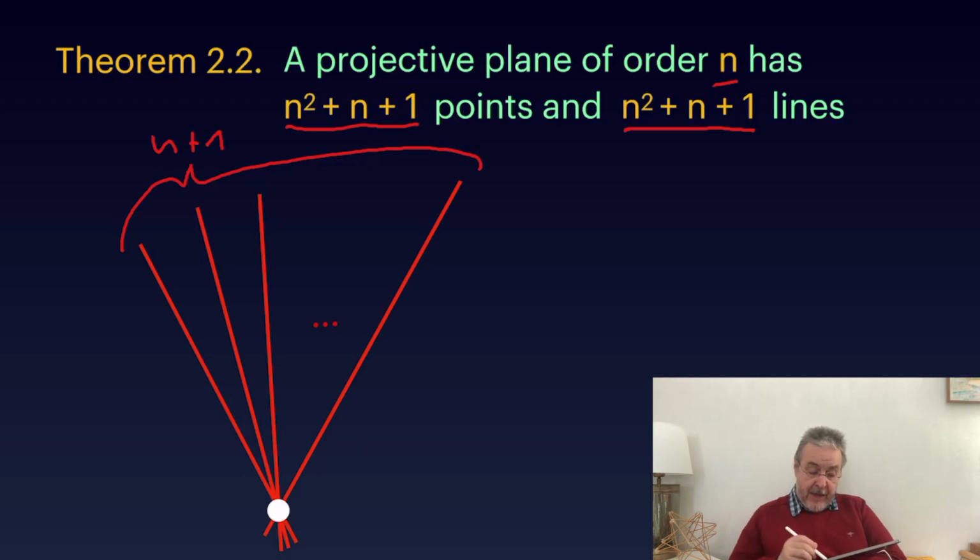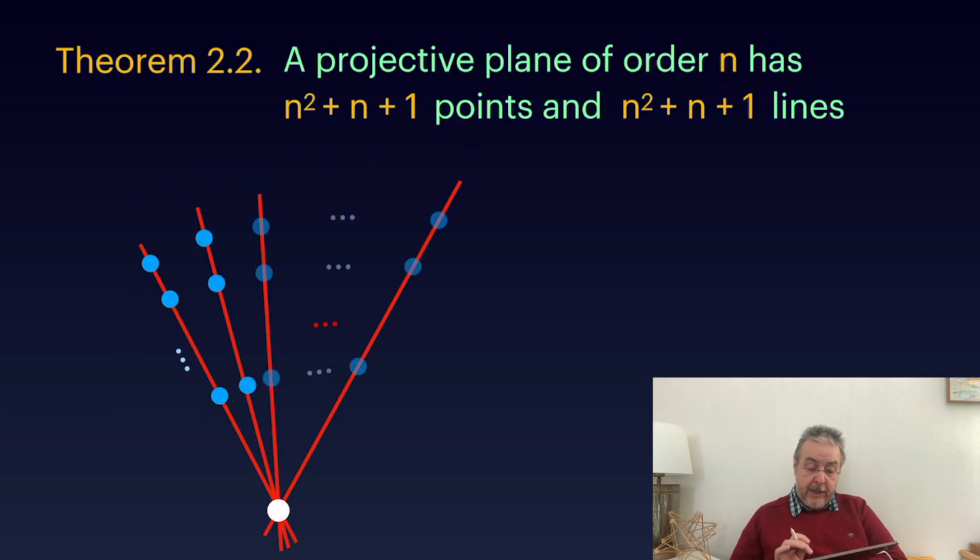On each of those lines here, we know we have n plus 1 points. One of those points is already played by our white point here. So here there are altogether n other points left. And this happens on each of those lines.